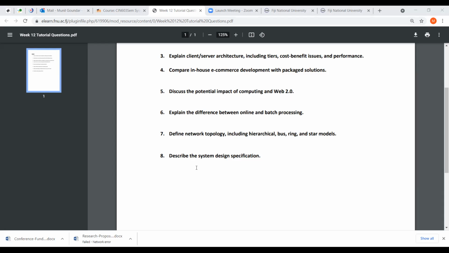And lastly, test every aspect of the site exhaustively.